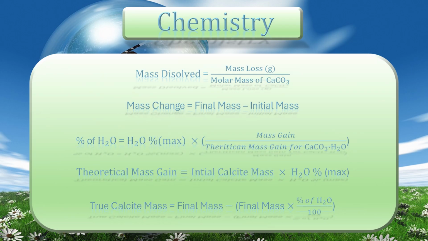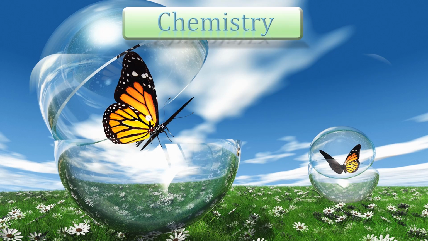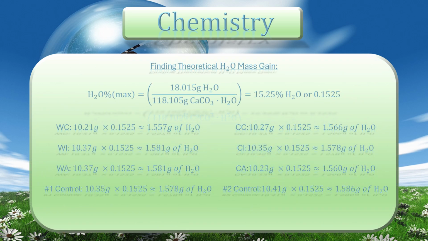So let's move into the chemistry. These are all the equations I'm going to use that helped. So first we found the theoretical water mass gain. We take that by dividing the molar mass of water by the molar mass of calcium carbonate monohydrate, I believe it's called.